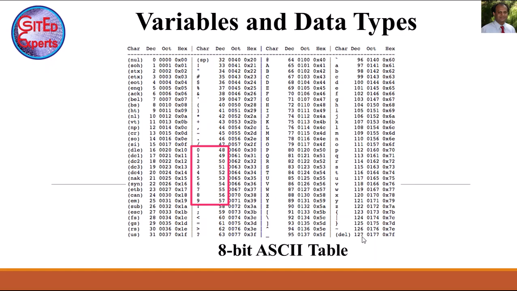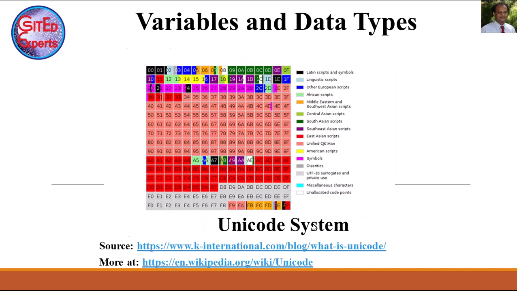But the extended 16-bit ASCII code was later extended to the Unicode system. So the Unicode system contains a very large character set. You can read more about the Unicode system on Wikipedia or on this site. I got this picture from this site.